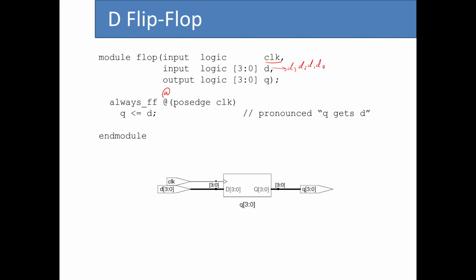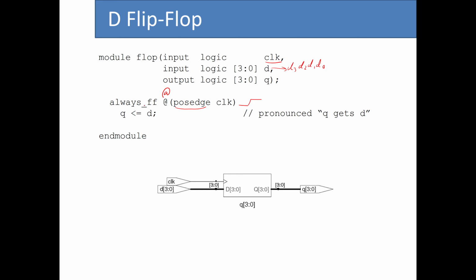That's why we use the keyword posedge and then clock. So any time a positive edge of the clock occurs, when the clock goes from 0 to 1, whatever is inside this always statement is going to be executed. At other times, this won't be executed.